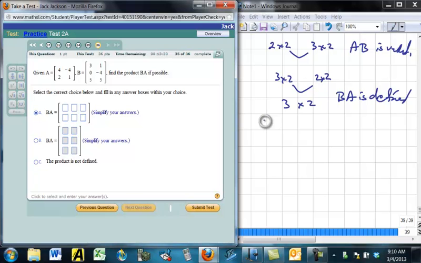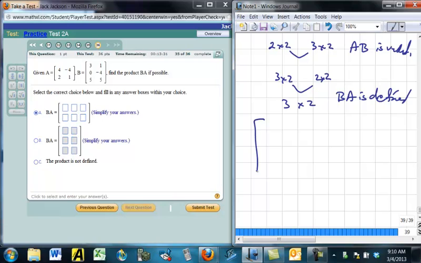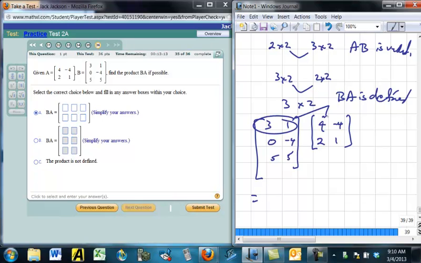Okay, so BA. So you write B first. And then A is here. Okay, and the way you do this is you do a row times a column. And that gives you first row times first column gives you first row, first column in your answer.